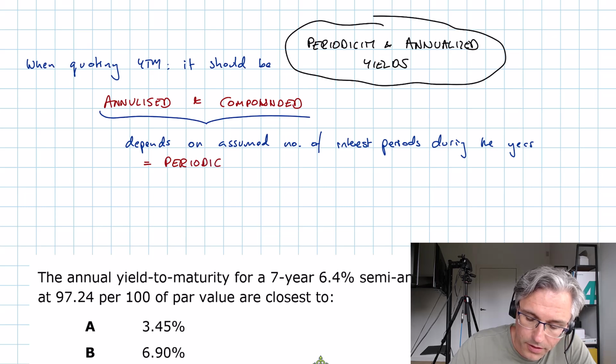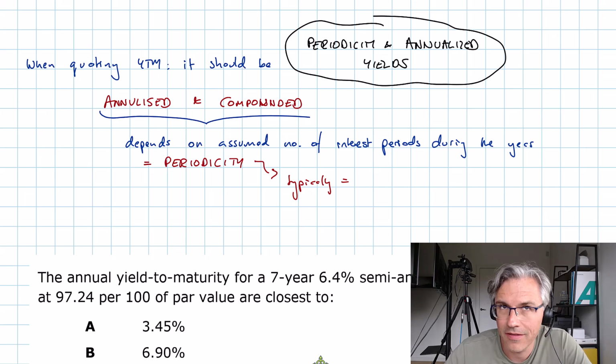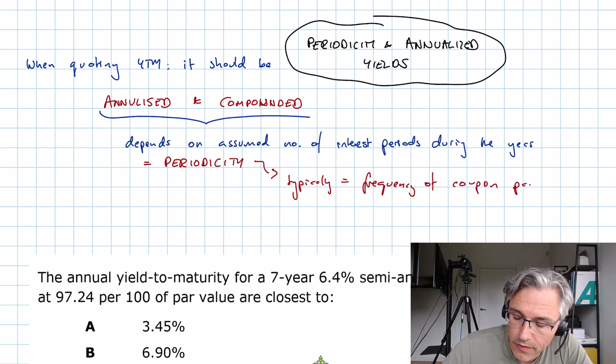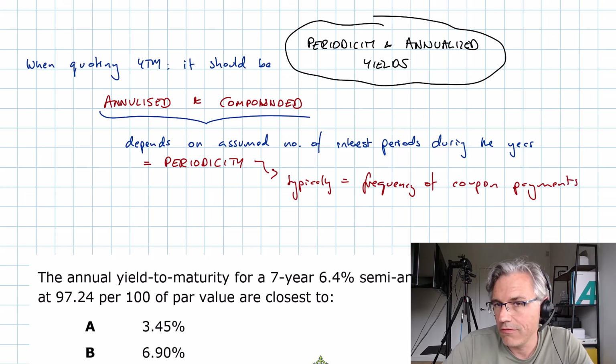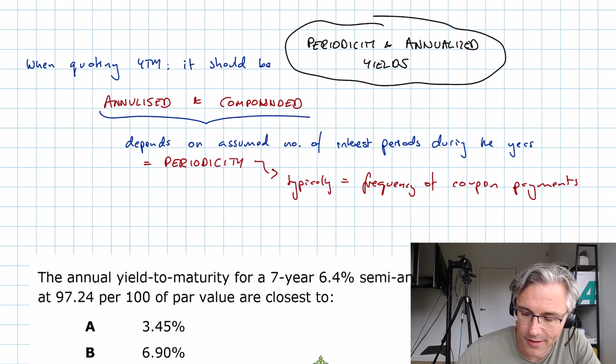This is what we call periodicity, and typically what it's going to equal is the frequency of interest payments or coupon payments on a bond. So if a bond pays coupons quarterly, you will assume a periodicity equal to 4. If it pays coupons semi-annually, then 2, and if annually, then 1.